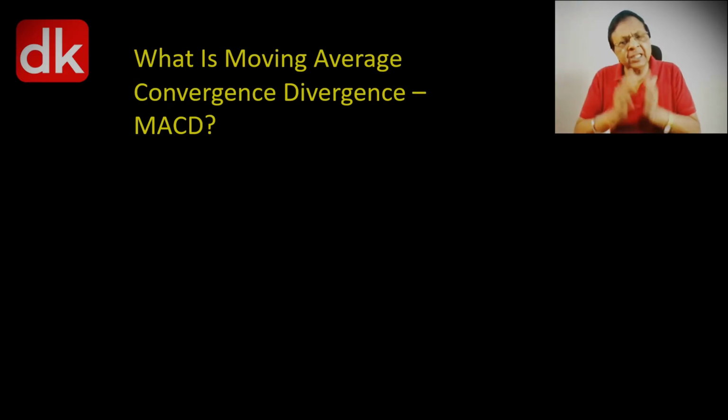So friends, let us first understand what is moving average convergence and divergence, which is MACD, and also called MACD. It doesn't matter in what way you call it, but the purpose is to understand the concept behind its construction, so that when we apply it during our technical analysis, we have the conceptual understanding as to what we are looking at on the chart.